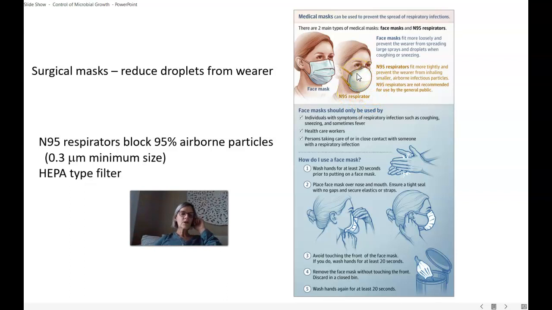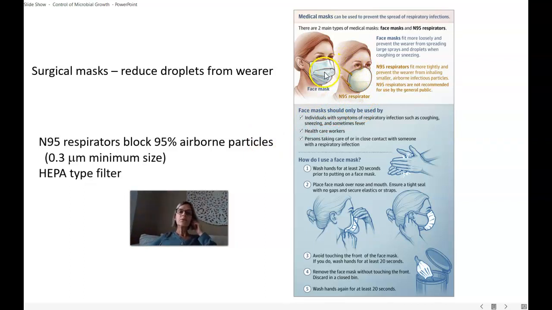If you are concerned about the environment you're in and you want to reduce your chances of getting colds or COVID or influenza, wearing an N95 is the kind of mask you should be wearing. And so these are what we would call a HEPA type filter. They're actually trapping microorganisms because they have small microscopic holes in them.